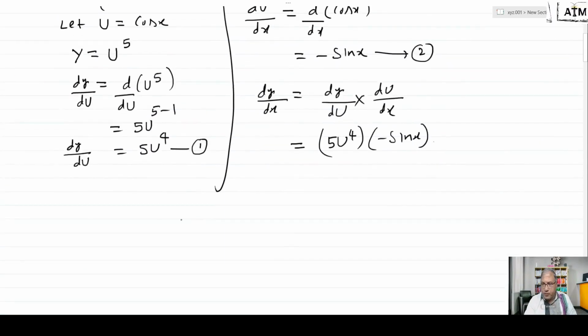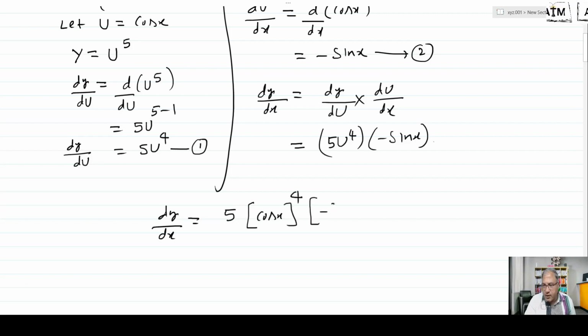So dy by dx, we'll put the value back. What is u? U is nothing but cos x. So putting back the value of u. So here is cos x raised to 4 and here is minus sin x. So that equals minus 5 sin x multiplied by cos raised to 4x.